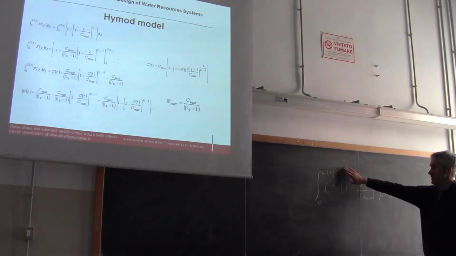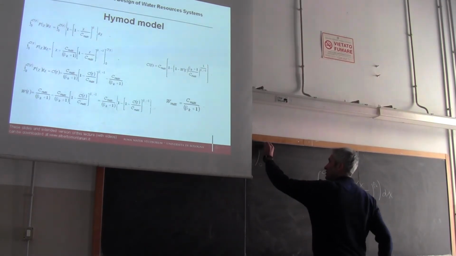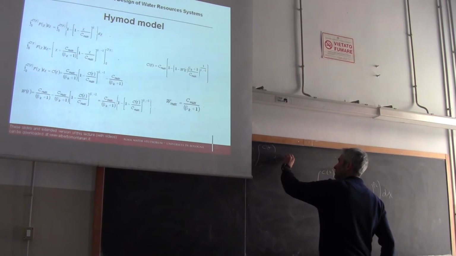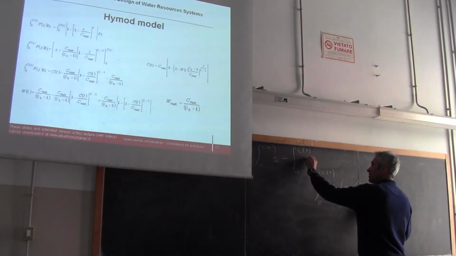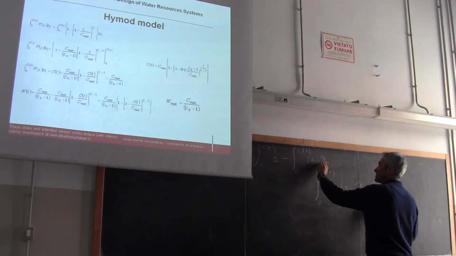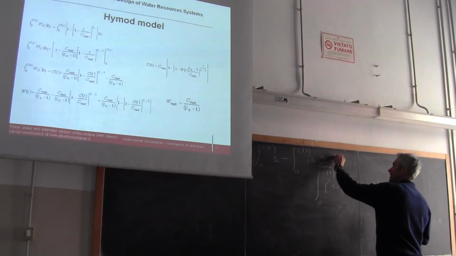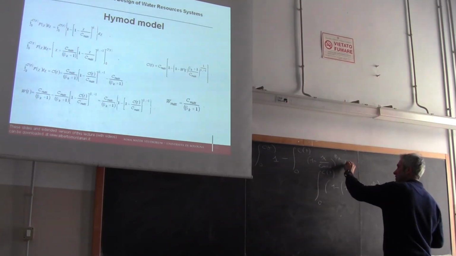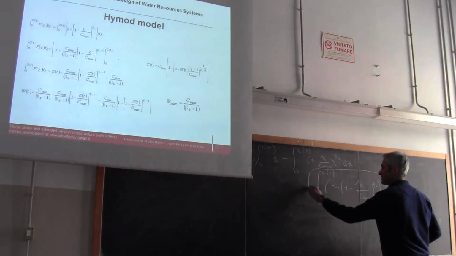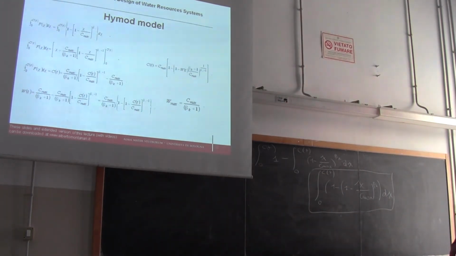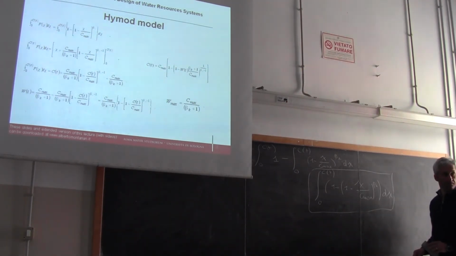So this integral can be written as the integral between 0 and Ct of 1 minus the integral between 0 and Ct of the second part, which is (1 minus k divided by C max) to the power of beta k, in dk. Now I delete the integral from which I started in order to make some room for the computation.